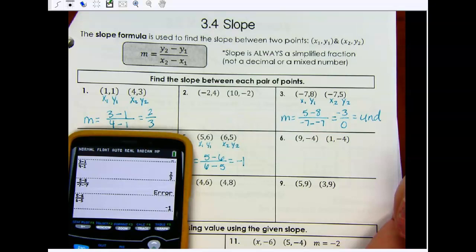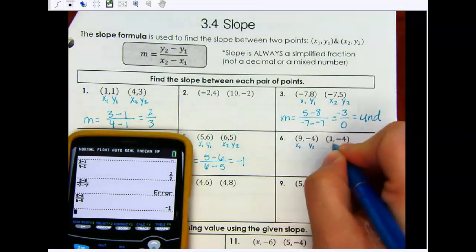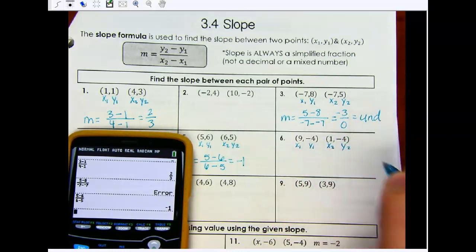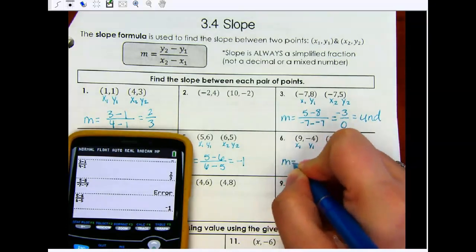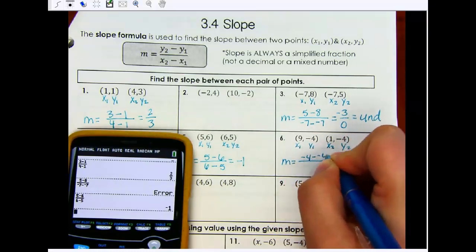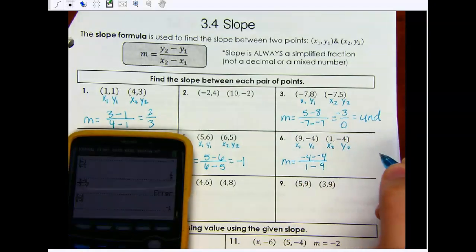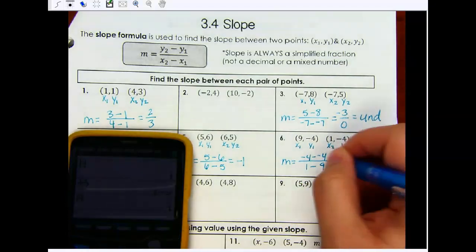Let's do number 6. I was going to just do the odd ones, but I think I need to do number 6. So number 6, x1, y1, x2, y2. You've got y2 minus y1, and then we've got x2 minus x1. So negative 4 minus negative 4 over 1 minus 9.